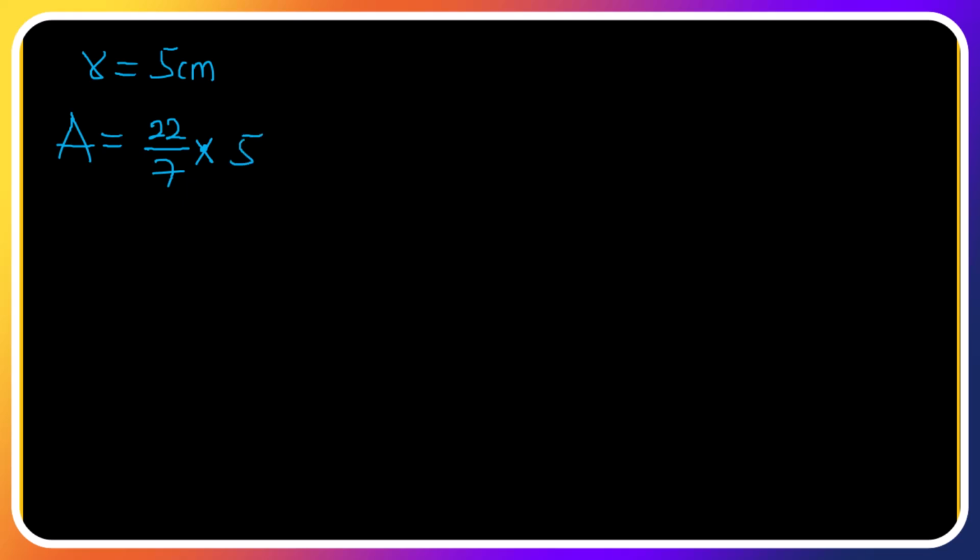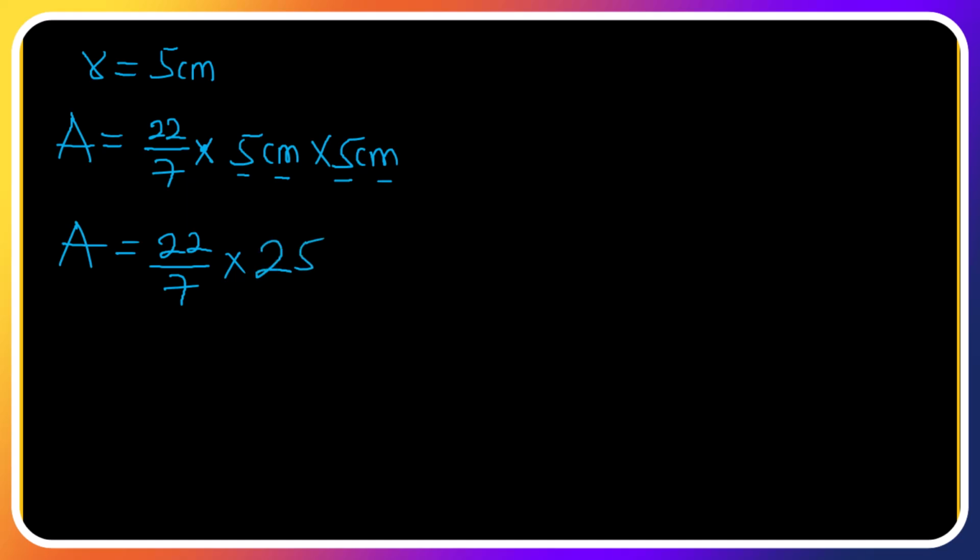So 5 centimeters times 5 centimeters. Area is equal to 22/7 by 5 by 5, which is 25 centimeters squared.